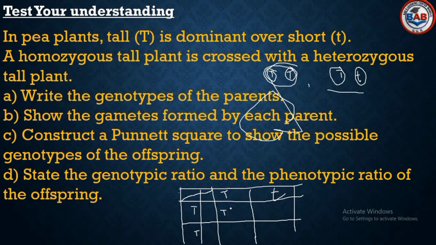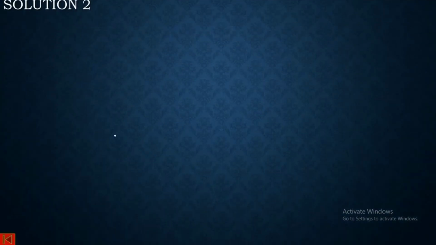So here you will fertilize like this. That is a Punnett square, and it looks simpler than the crosses.